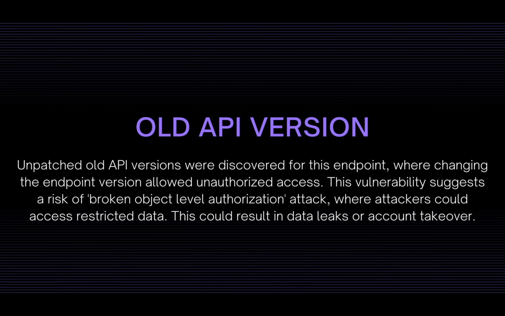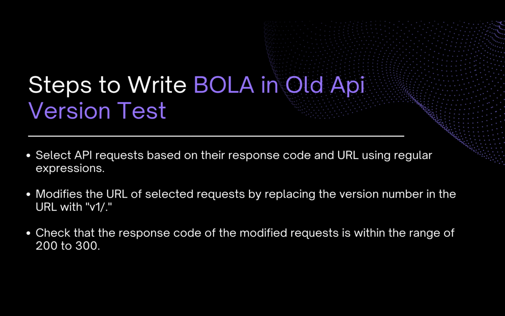To write BOLA in old API version test, we are going to go through 3 steps. First is to select API request based on their response code and URL using regular expressions. The second step is to modify the URL of selected request by replacing the version number in the URL with version 1.